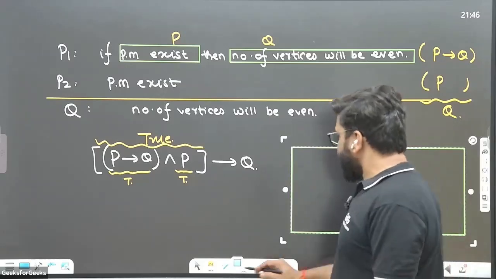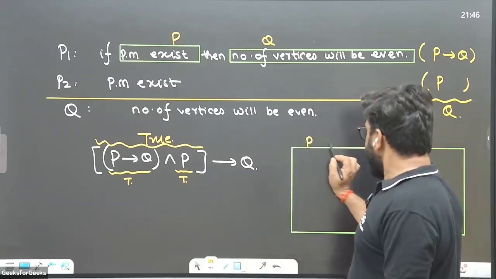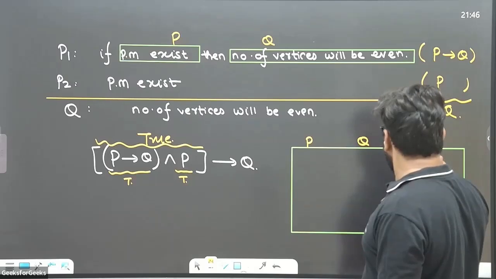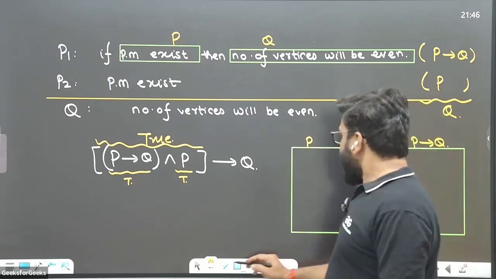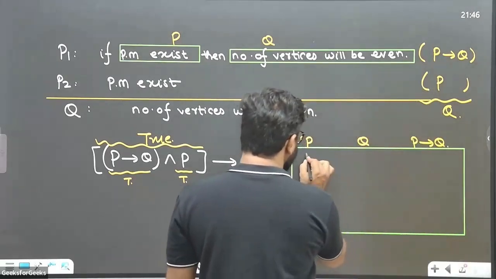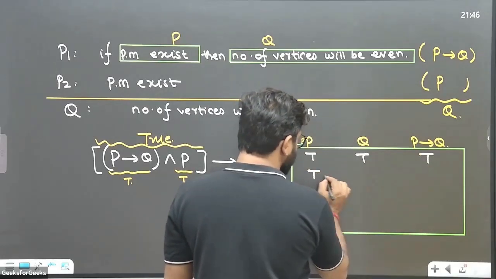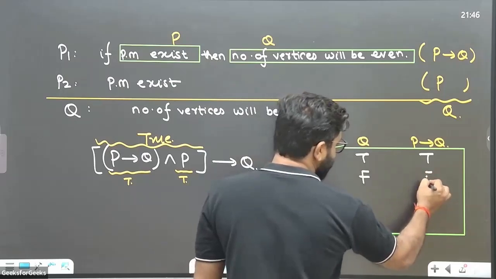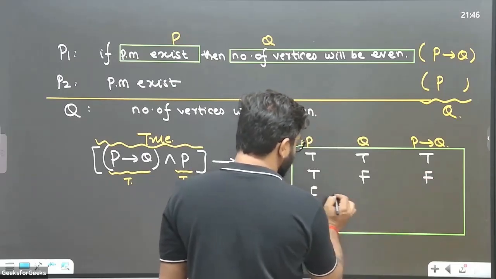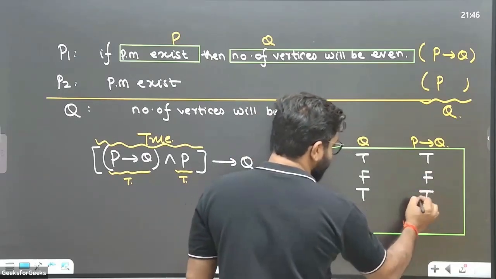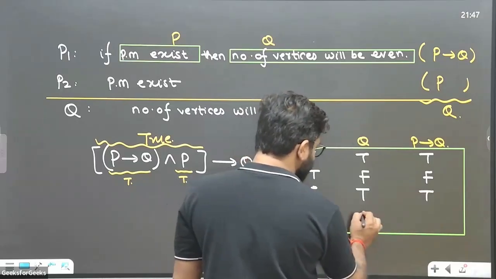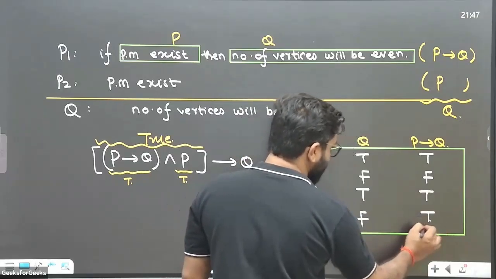Now let's use the truth table here. This will be P, this will be Q, and this will be P implies Q. True, true, true; true, false, false; false, true, true; false, false, true.